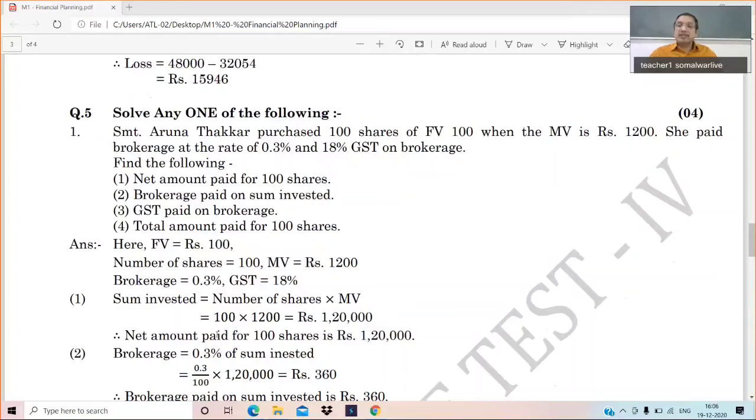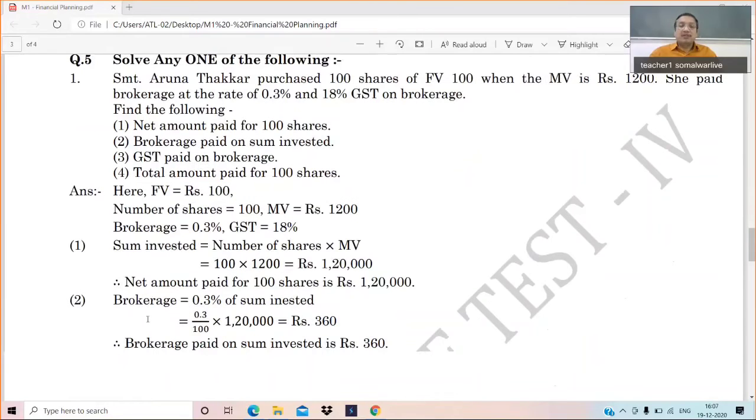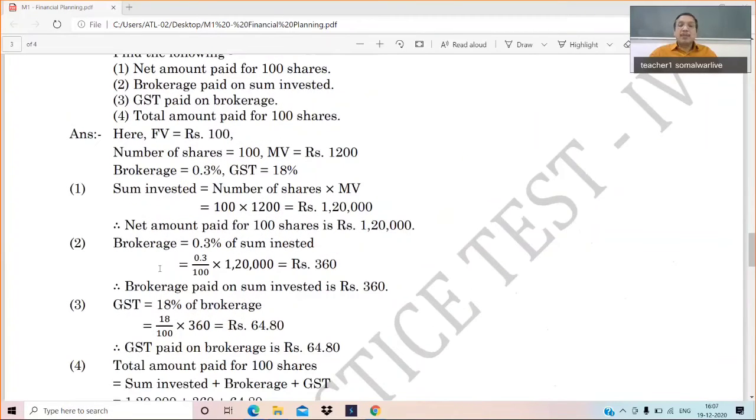Number of shares 100, market value was rupees 1200. That gives rupees 1,20,000. So net amount paid for 100 shares was rupees 1,20,000. It is the net amount, not the total amount. It is the net amount for 100 shares. That is given. Now brokerage, the rate of brokerage was 0.3%.